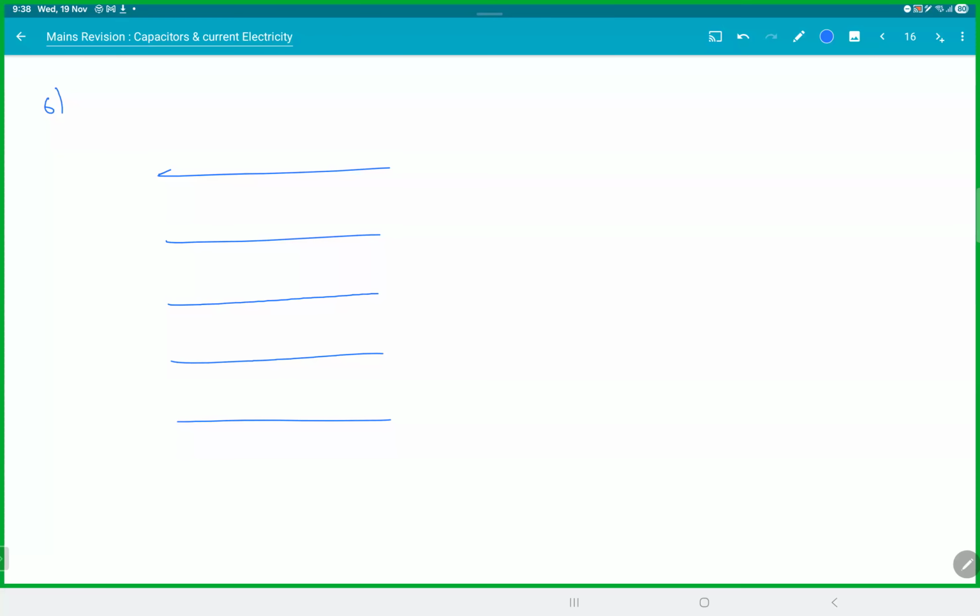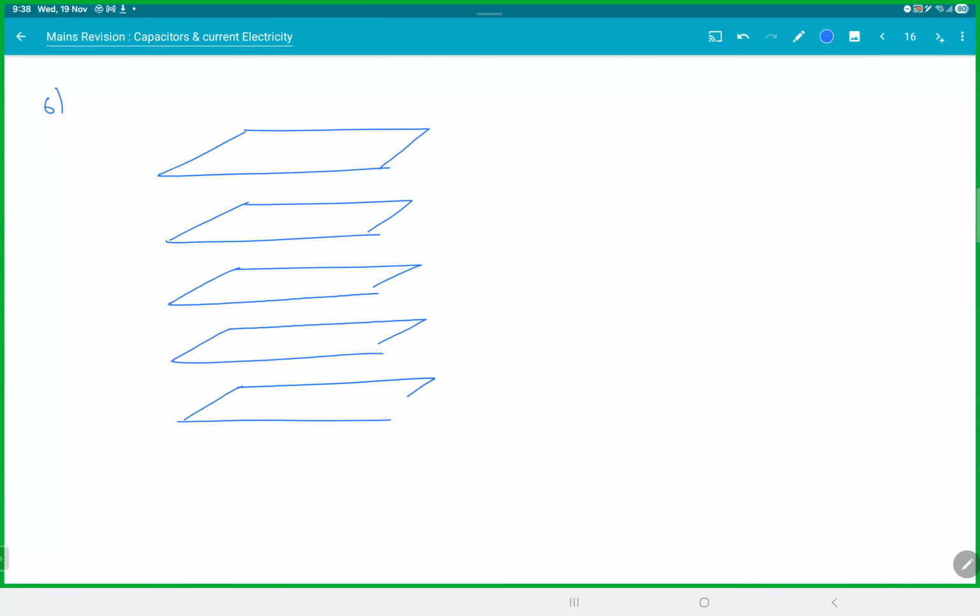So we have 5 parallel plates. Area is A for all of them, and d is the distance between them. Find C equivalent. A better question would be to find the charge on plates 1, 2, 3, 4, 5.